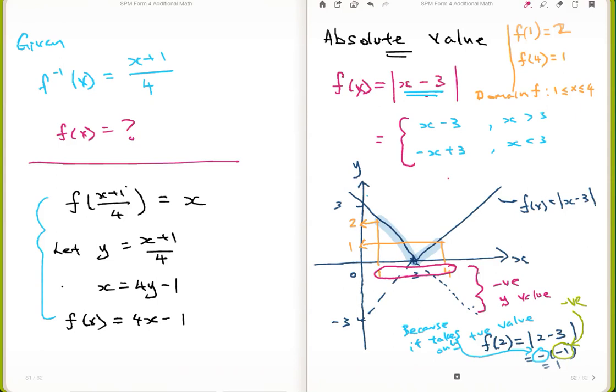And the range would be interesting because the range is now from here up to here. This is the range. The range of f is 0, start from 0, less than f(x) and less than 2.